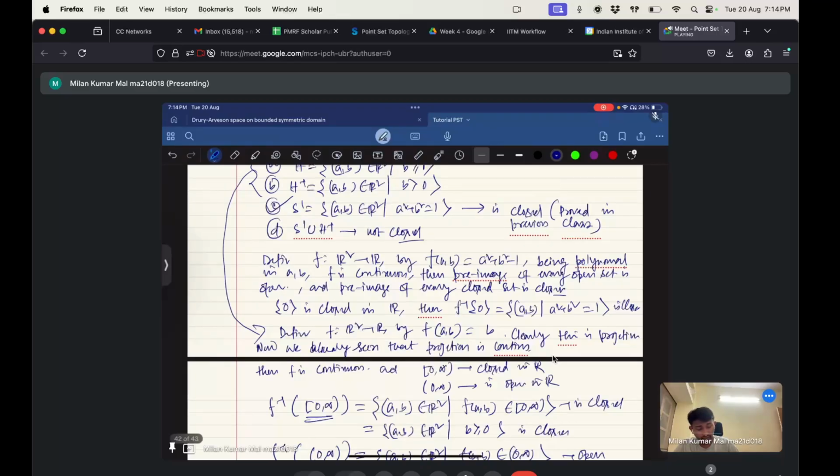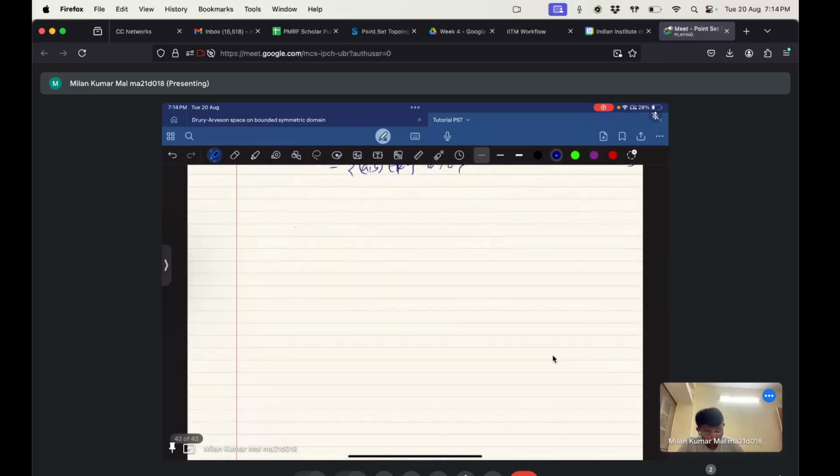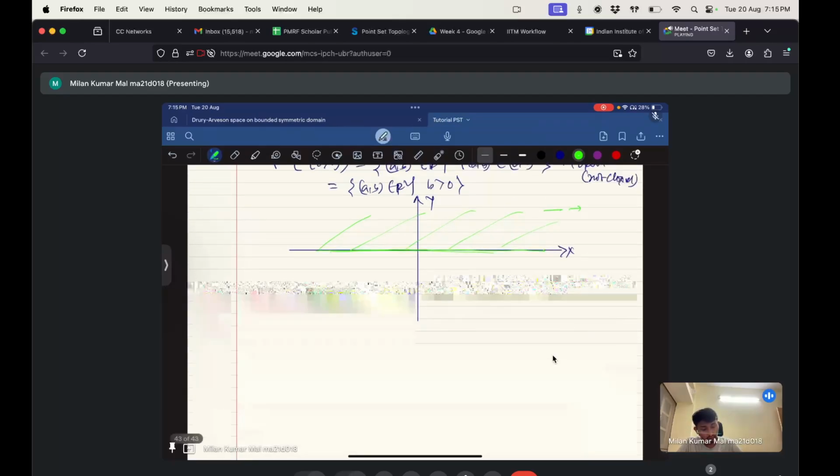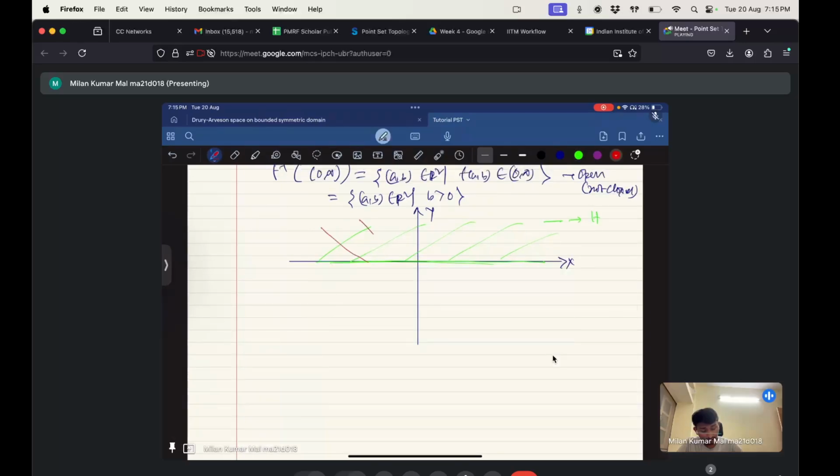Shortly, I will try from the graph. If you draw this as the x-axis and this as the y-axis, and this is the portion with this particular line, this is H basically, right? Now if I take only the above portion without the x-axis, then this is H plus.